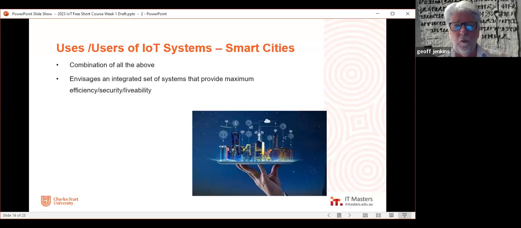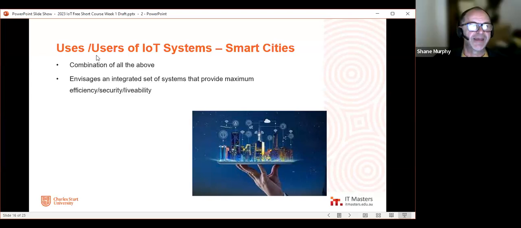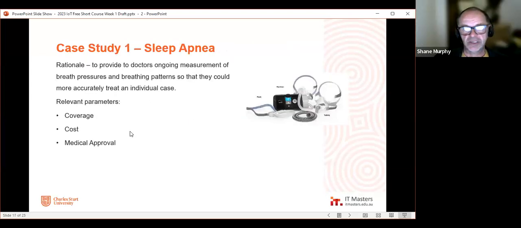What we really need is the wide distribution of these IoT systems, not all located in one particularly smart city, but making a contribution in every city to everybody's life. So smart cities has been to some extent a failure. We've got some, but we're not sure anybody lives in them. Not to the extent that we would have thought anyway.